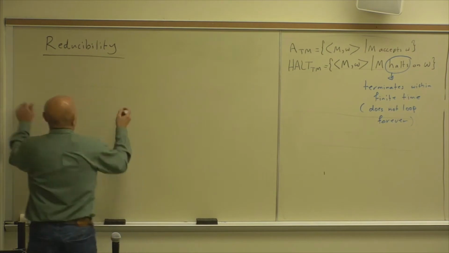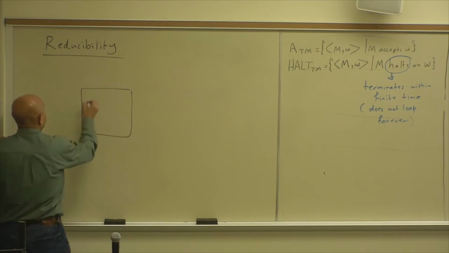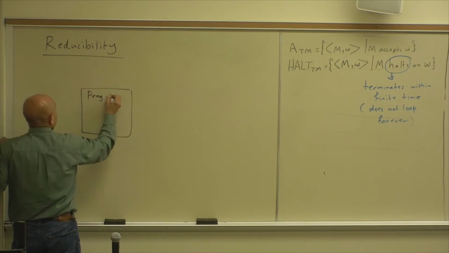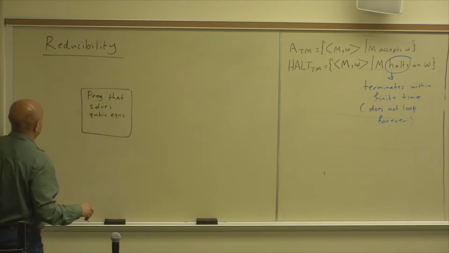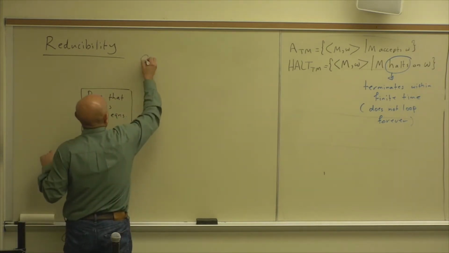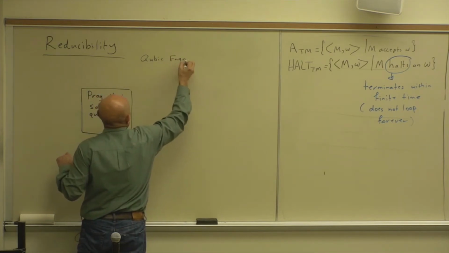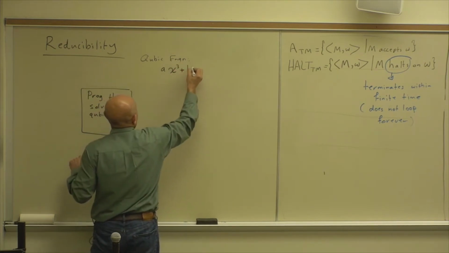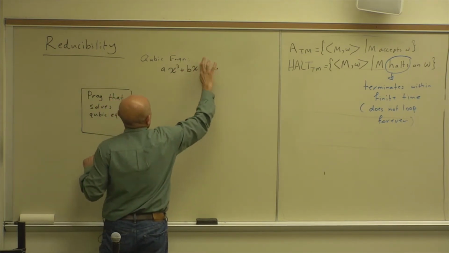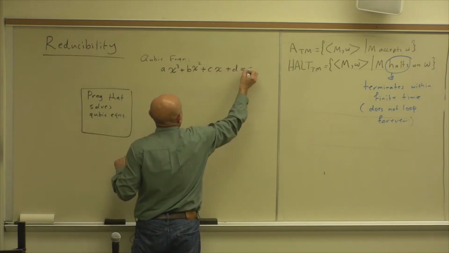So let's assume that we have a program or an algorithm that solves cubic equations. A cubic equation is of the form ax cubed plus bx squared plus cx plus d equals 0.